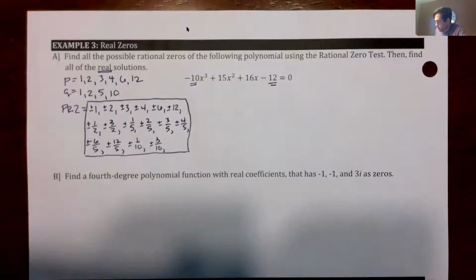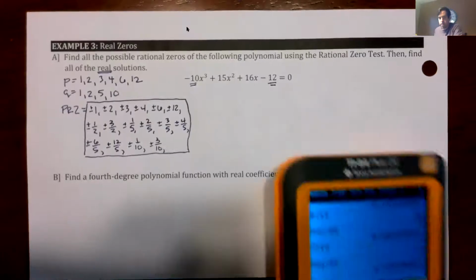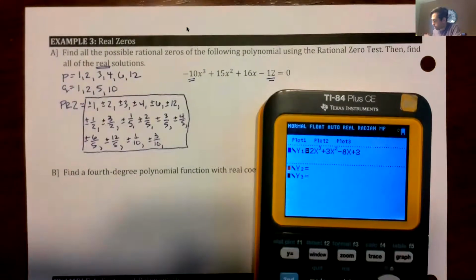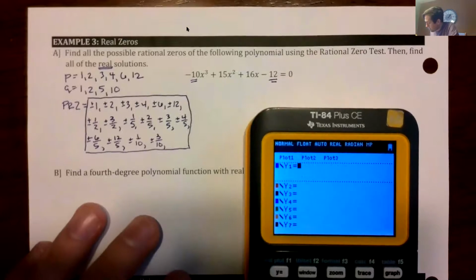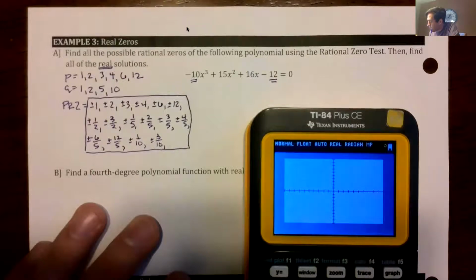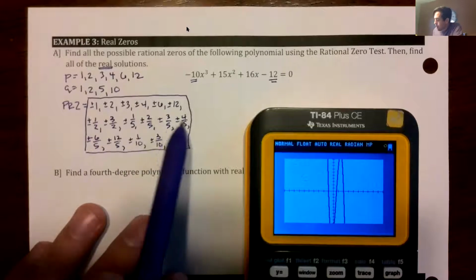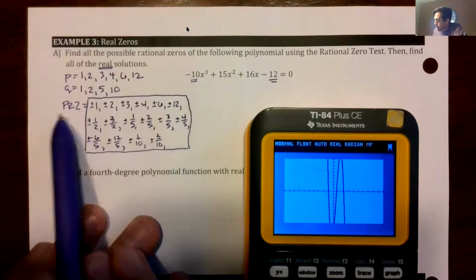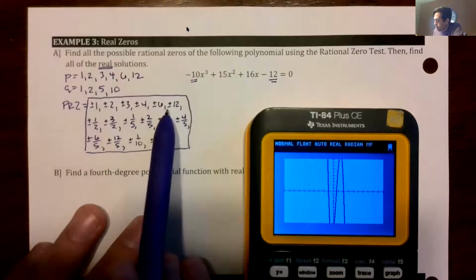Okay, so I am going to plug this into the calculator here and take a look at the graph. Negative 10x cubed plus 15x squared plus 16x minus 12. My biggest possible rational zero is 12, and the smallest is negative 12.